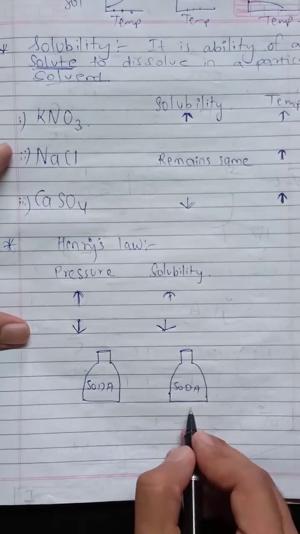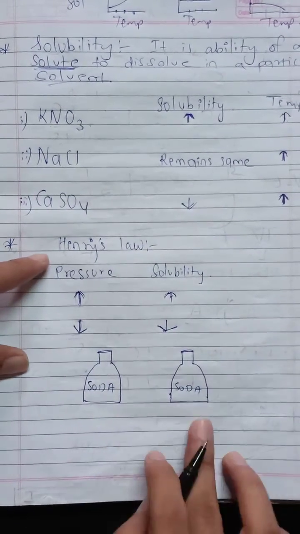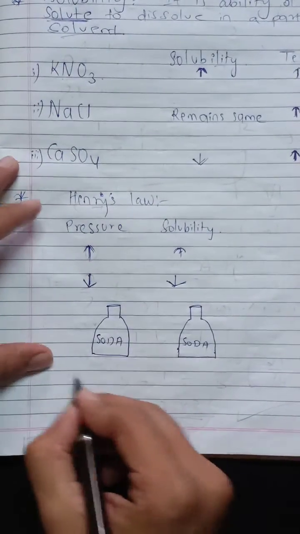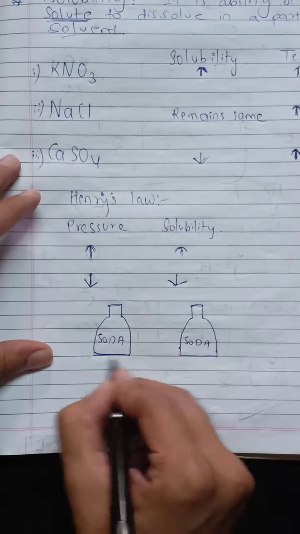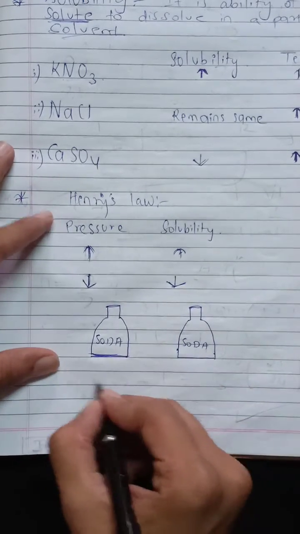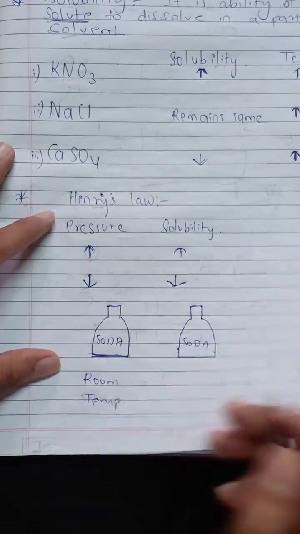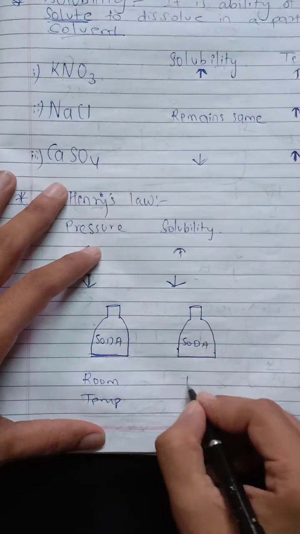This is a soda bottle and this is also a soda bottle. But in both the cases, I'm keeping one at room temperature. Room temperature means a normal temperature. And I'm keeping the same identical bottle in the refrigerator.